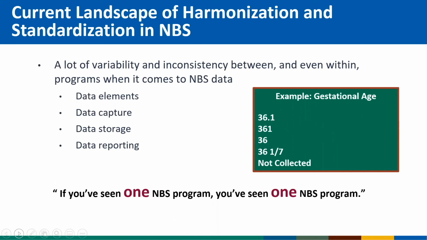And so I know many of us have all heard the saying, if you've seen one newborn screening program, you've seen one newborn screening program, which unfortunately really also holds true when it comes to newborn screening data as well. And this has several important repercussions and is something that we're really committed to working towards so that we can all contribute and aggregate our data more seamlessly within Eden.